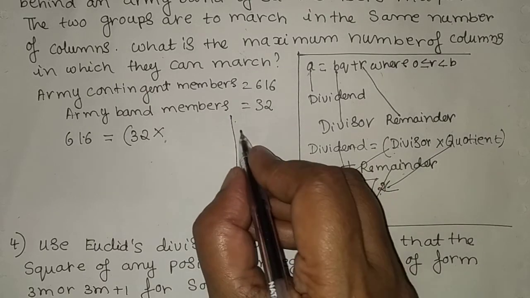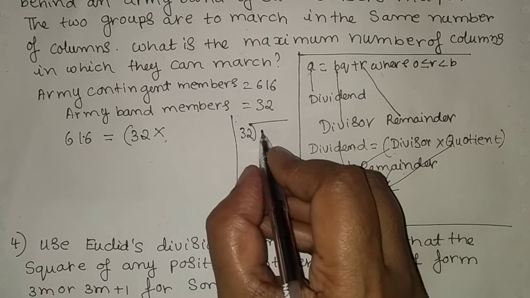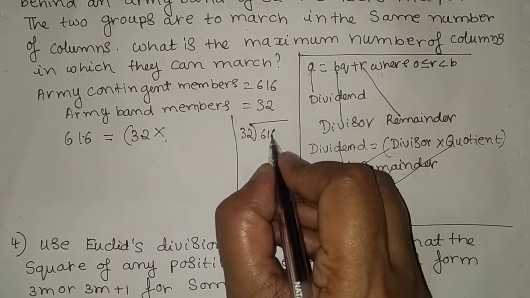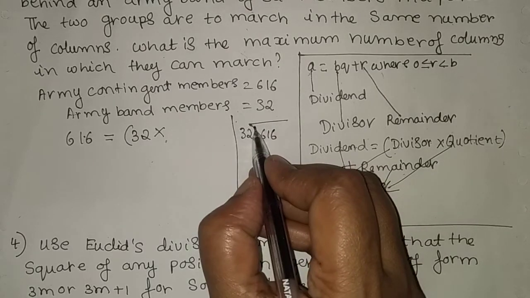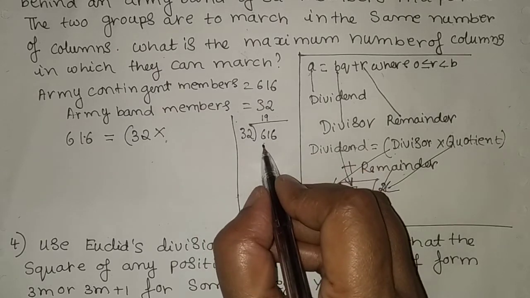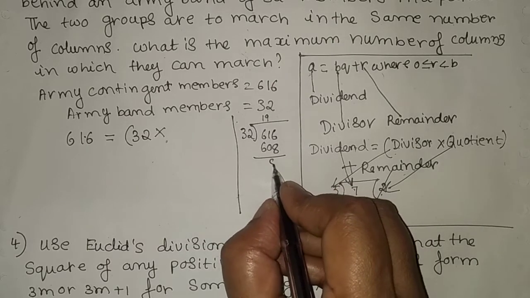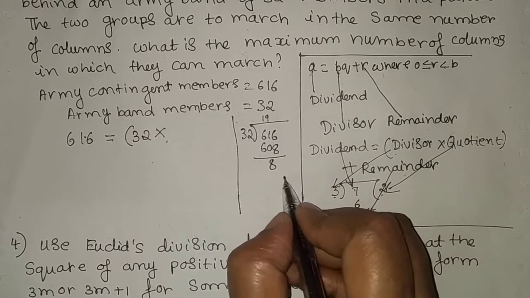Here I will just take 32 and then 616. So 32 19s are 608. Then the remainder will be 8. So 8 is the remainder.